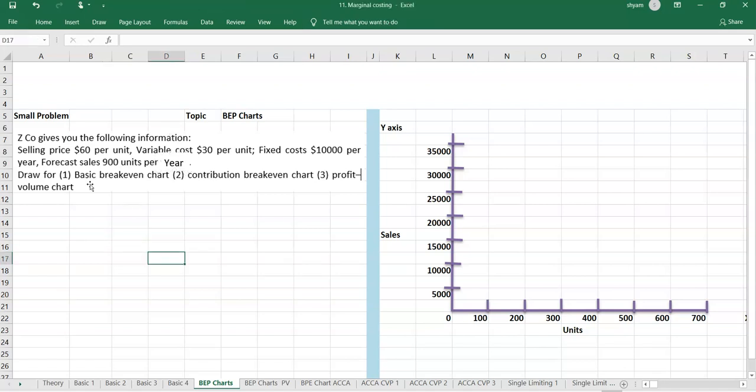Okay, it's per year. We have to draw three charts: basic break-even chart, then contribution break-even chart, then profit volume chart. So we have to create three charts here.